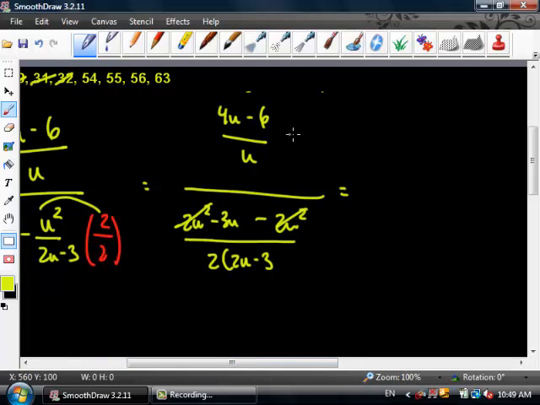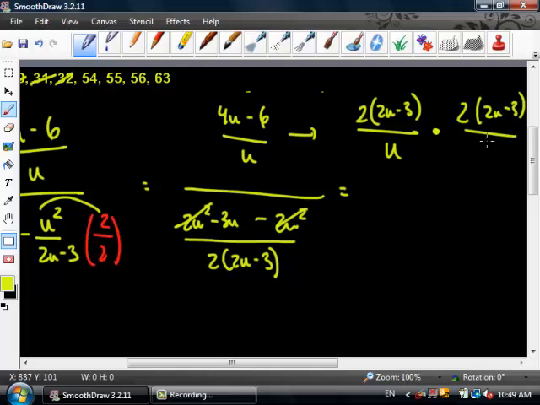I'm going to also factor the top. I can factor a 2 out, so I get a 2u minus 3 over u times, now I'm going to go ahead and multiply by the reciprocal of this. Oh, that's not doing what I thought it would do, but that's okay. 2u minus 3 over negative 3u.